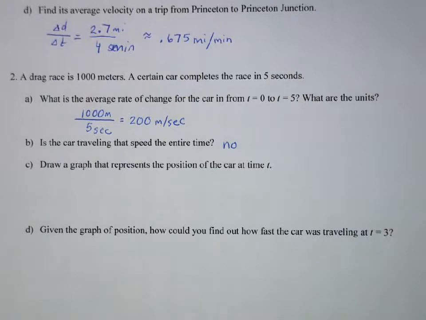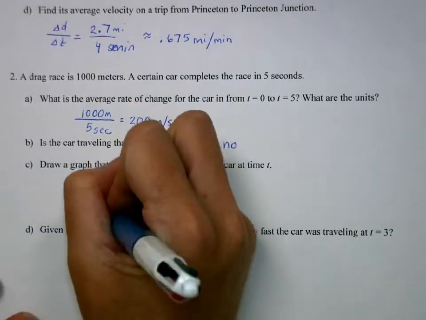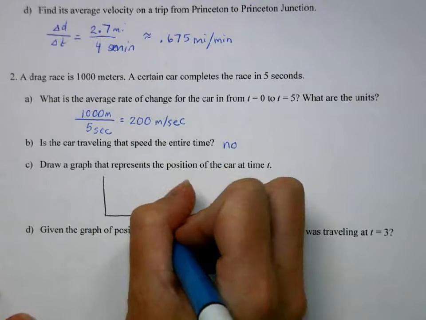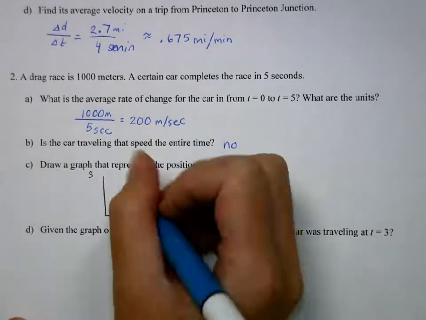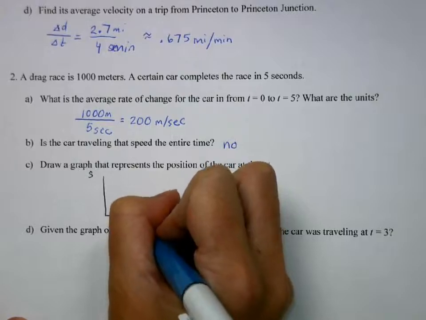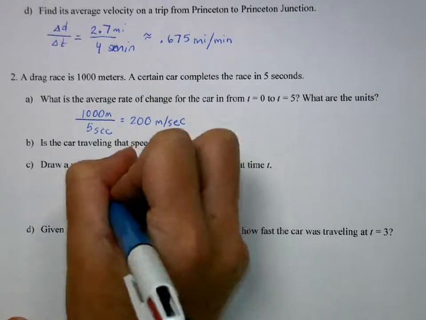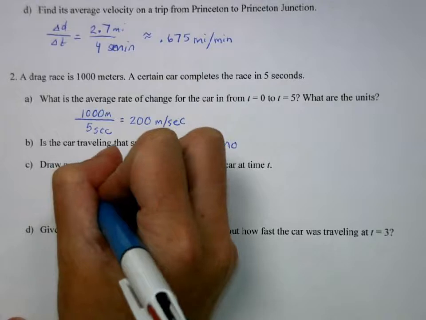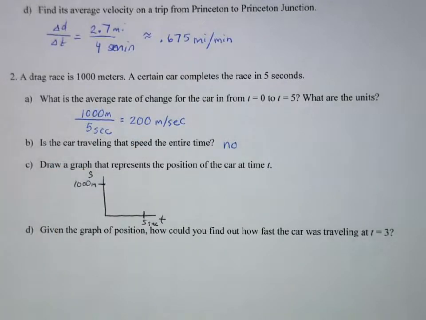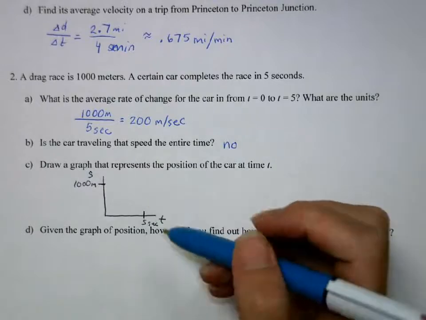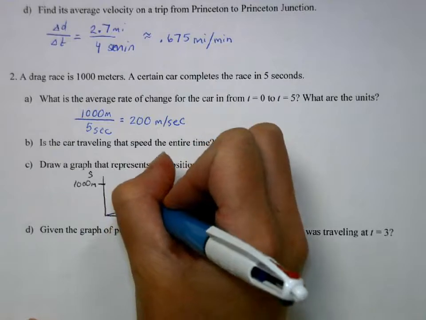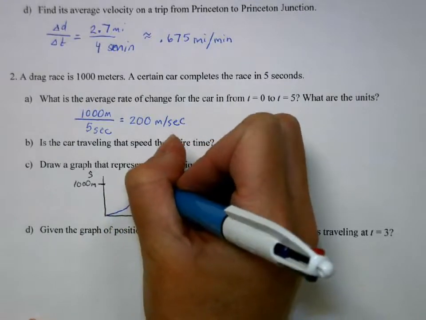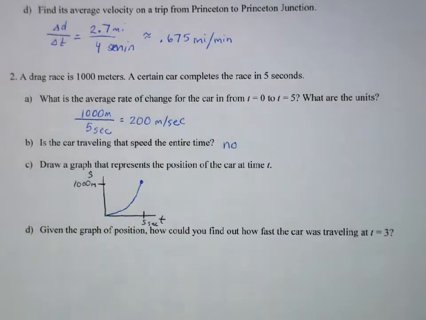So let's think about how that would be represented graphically. If this is time and this is our position, let's put 5 seconds here and 1,000 meters here. Thinking about what's happening, he's going to start off going slow, so the position changes slowly, but as he speeds up, we get faster.